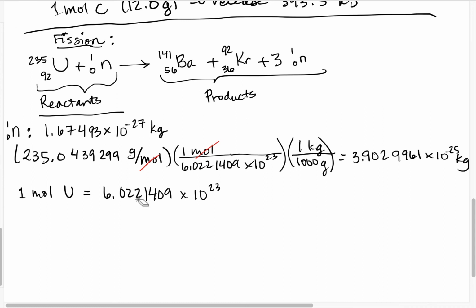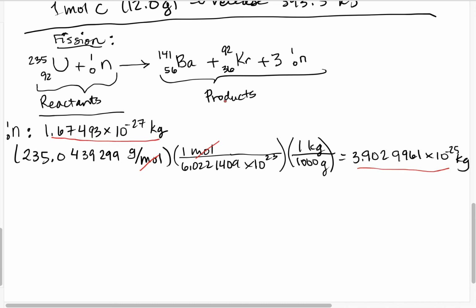So the total mass on the reactant side is going to be the sum of these two numbers, our neutron and our U-235 mass. Together, that means the mass of the reactants is going to be 3.9197454 times 10 to the minus 25 kilograms. So we want to do the same thing on our products side.